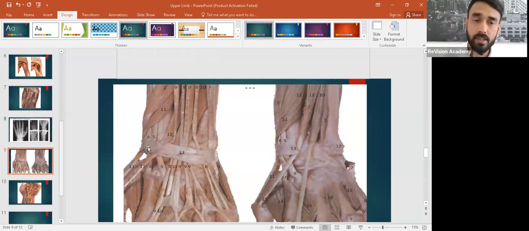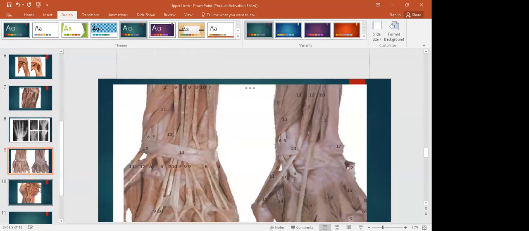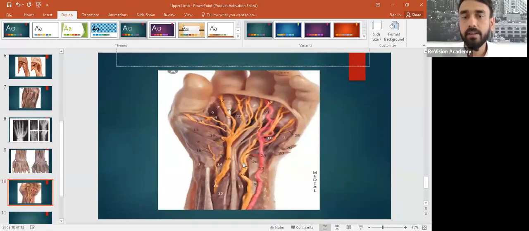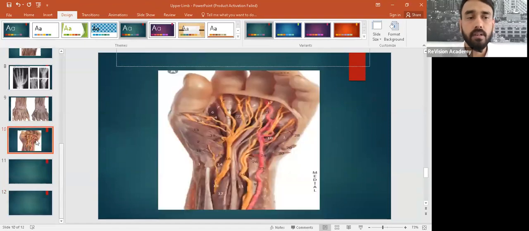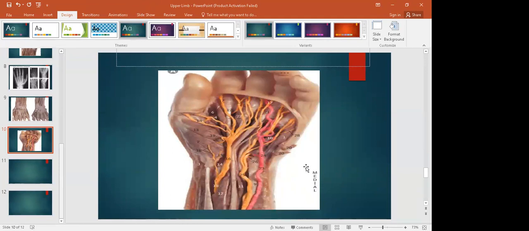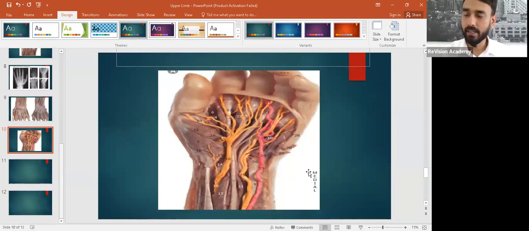This is the anatomical snuffbox and its boundaries. Here you see this is the marker, the medial side. When you put your hand in anatomical position, on the medial side the nerve is the ulnar nerve.